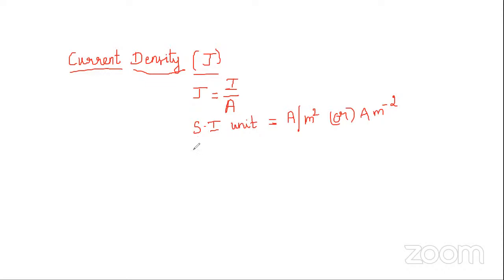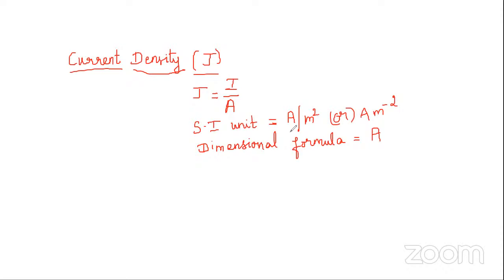And from this equation of current density, J equal to I by A, can anyone predict the dimensional formula? Can anyone predict, students? Sir, ampere. Yes. Then you have area also.